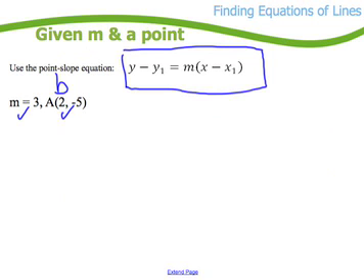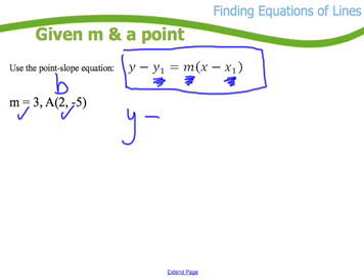So I use this point-slope equation, y minus y1 equals m times x minus x1. The only places I plug things in are here: the x and y value of my point, and my slope. Notice I don't touch this x or that y. I just leave them, and they'll be part of my equation at the end. All right, so let's try it.